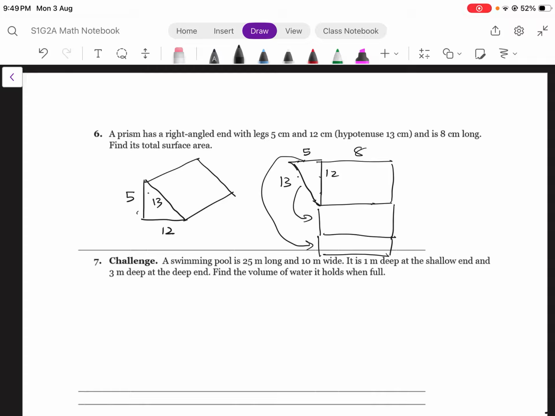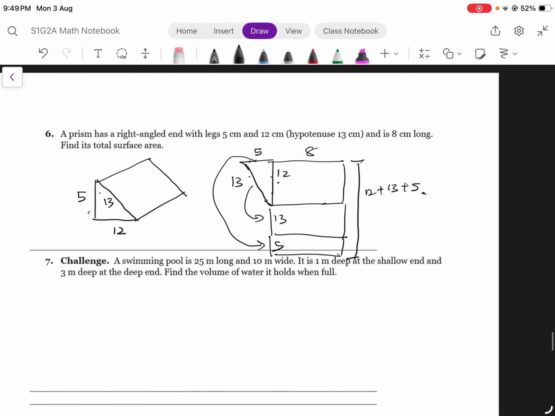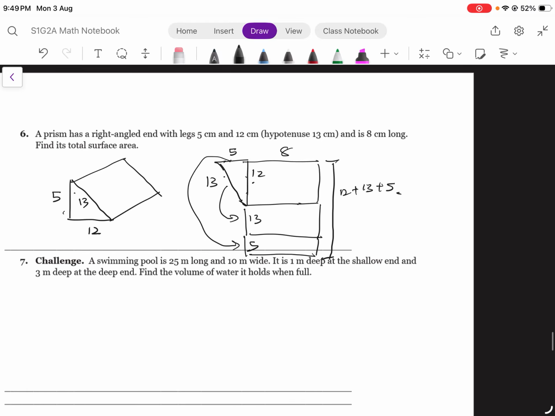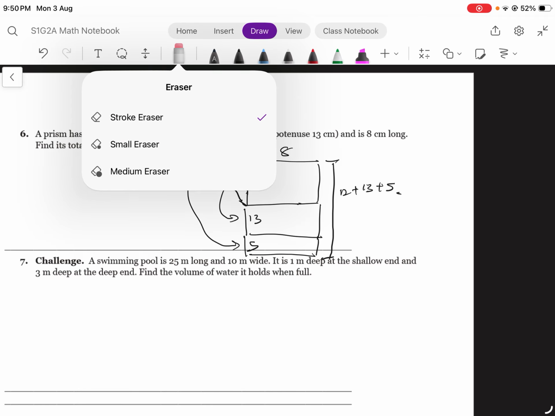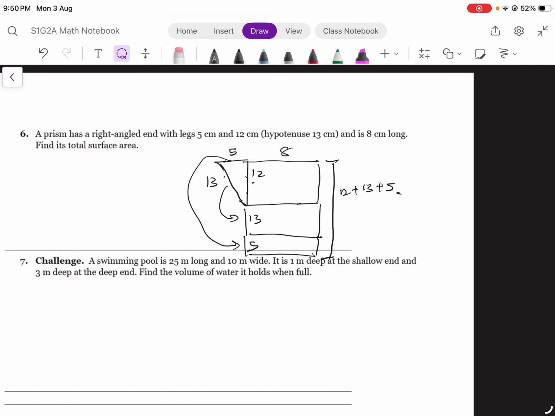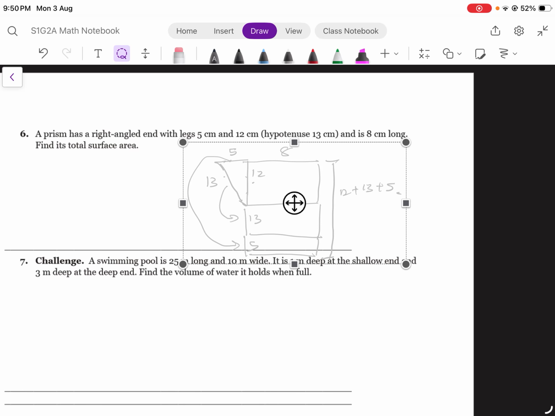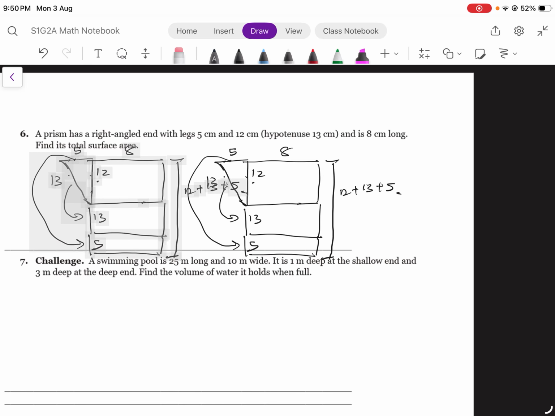Okay, so you have 12, 13, 5. So this whole length here is 12 plus 13 plus 5. Probably shouldn't have written it so big. Okay, I'm going to move this to here.